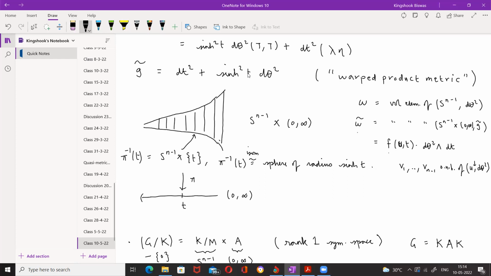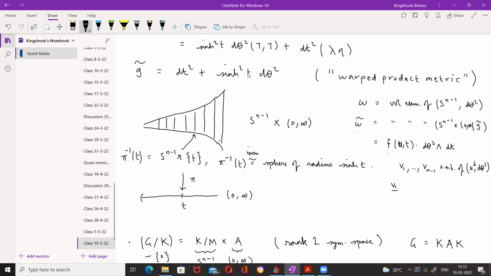These have dθ² length 1. So in G tilde, these will have G tilde length sinh t, so I have to divide by sinh t.